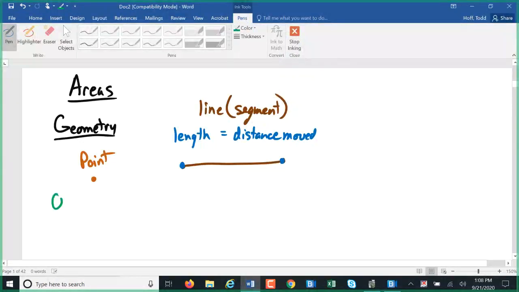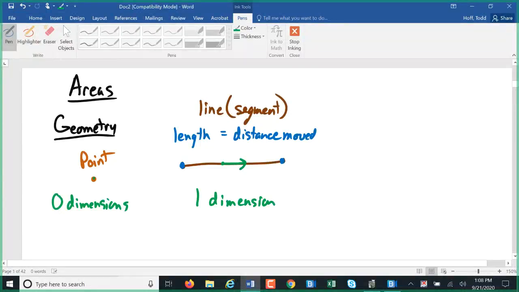Now this point had 0 dimensions. There's a couple ways of thinking about it. If you're on the point, there are 0 directions that you can move without leaving the point. A line segment has 1 dimension. If you're on that line segment, there's 1 direction you can move without leaving the segment.